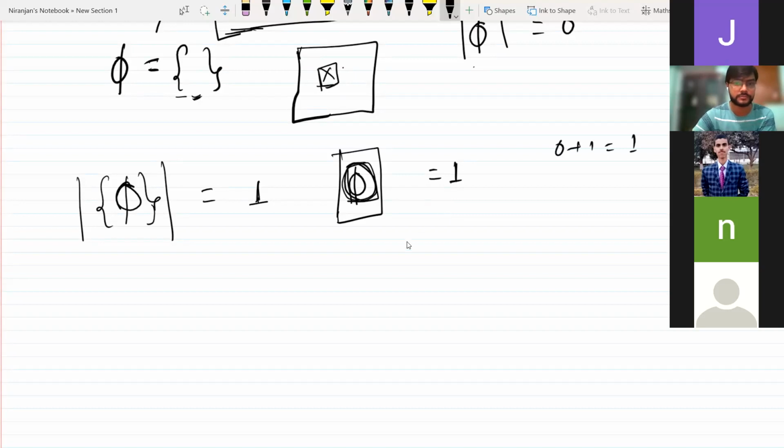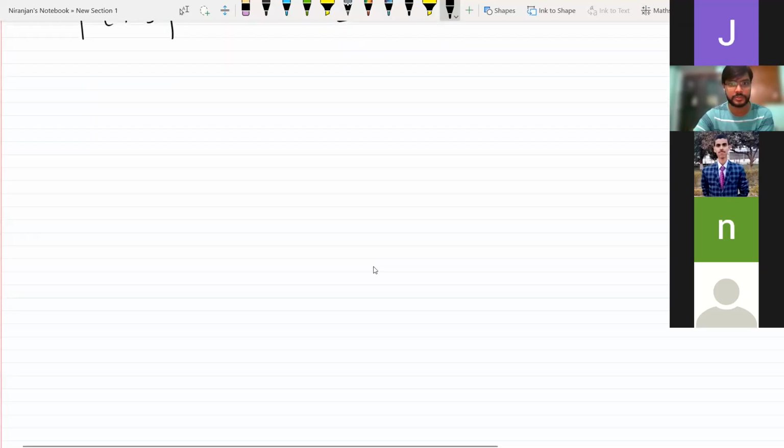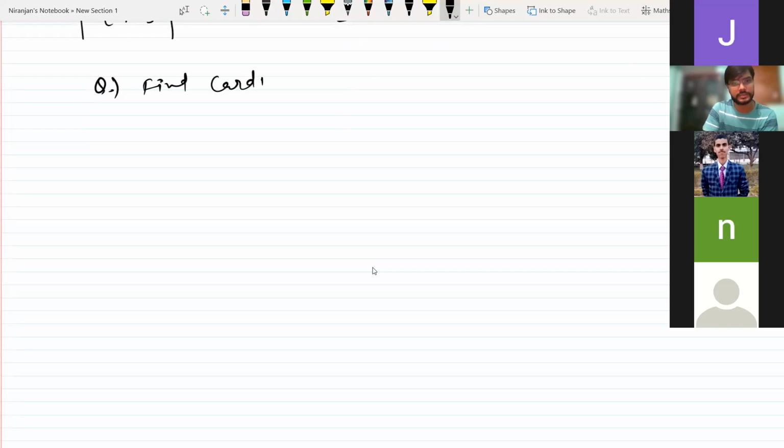Very good. Now I'm giving you some problems, and do them as fast as you can because I'll have to move on to the next topic. Find the cardinality. Oh God, this pen. Ignore my handwriting.